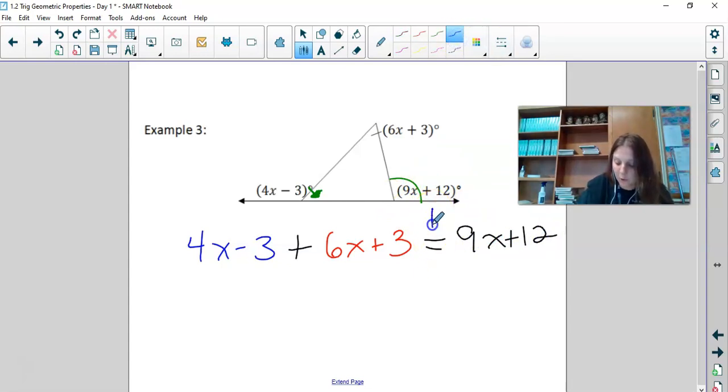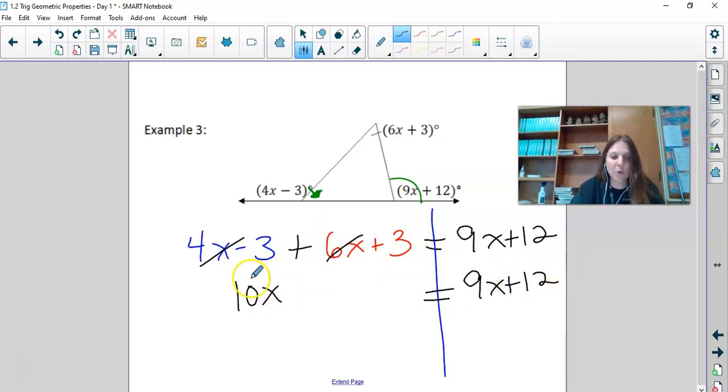Just like every other question, we're going to combine our like terms. So go ahead and combine up your like terms. I'm adding the x's first, and you'll notice that negative 3 plus 3 is 0, so that just crosses out.